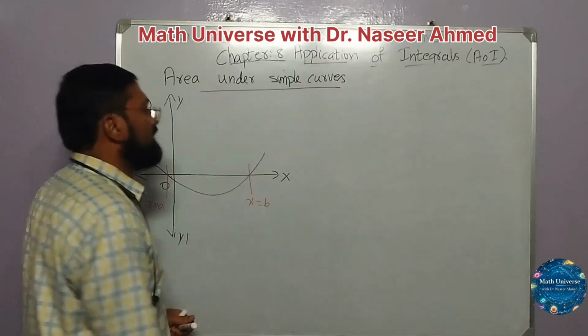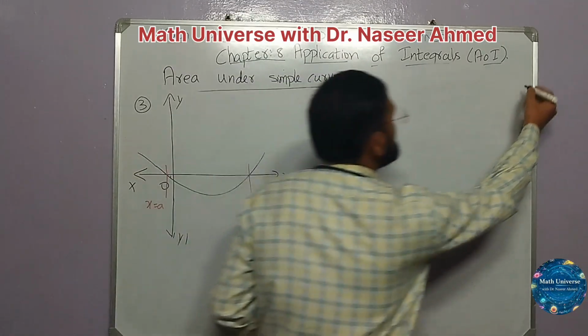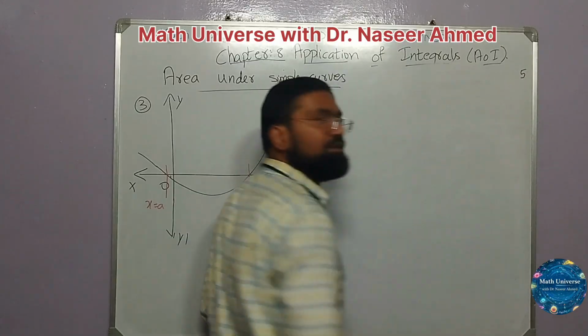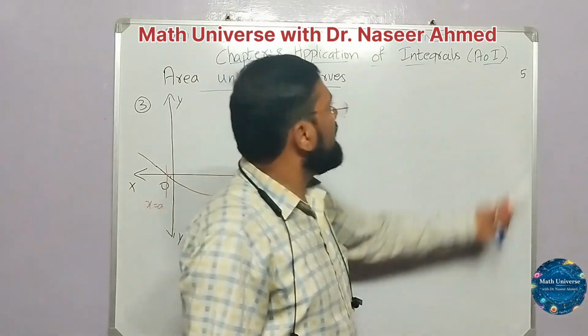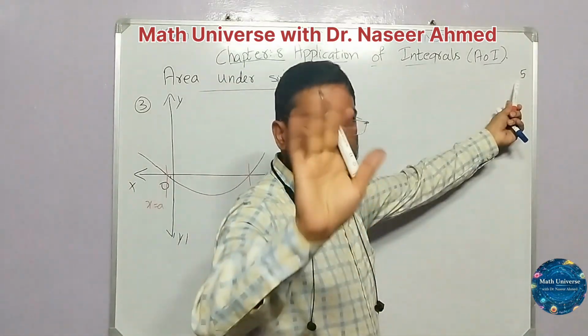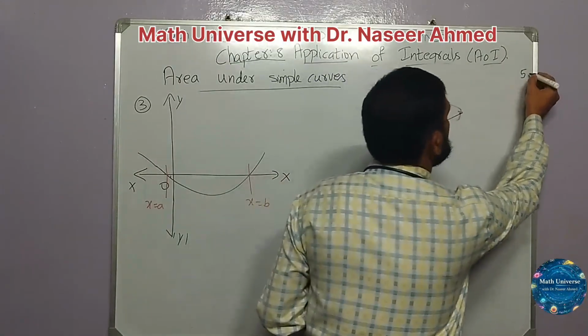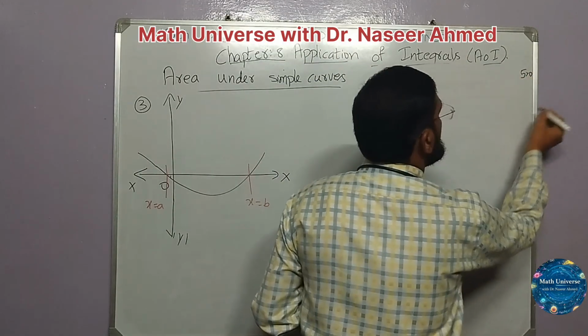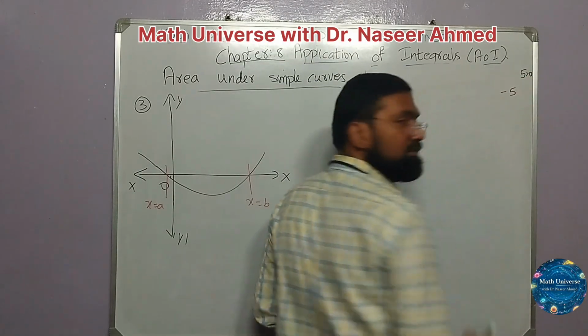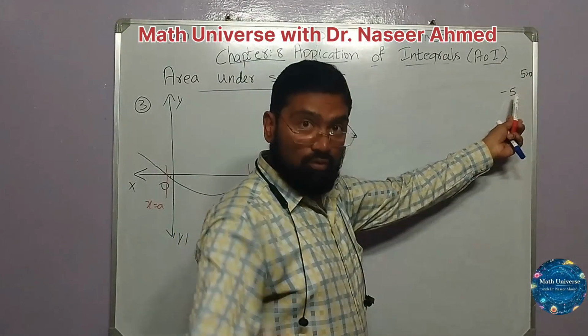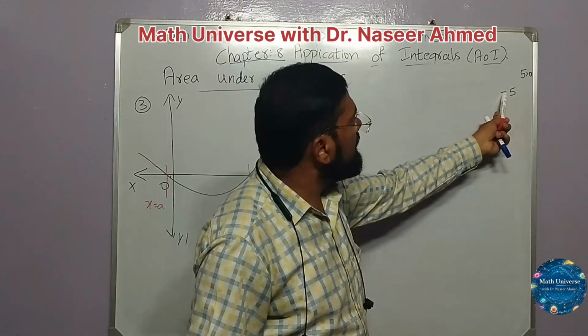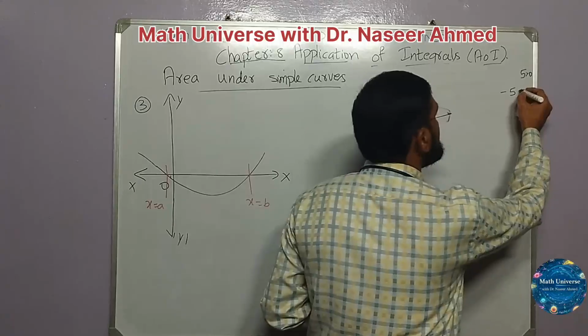See this, if I write only 5, is it positive or negative? Positive. Why? There is no sign given here, so plus it is, so positive. If I write minus 5, 5 is a known number, and what is the sign here? Minus. So it is negative.